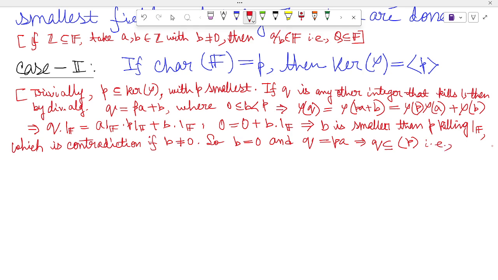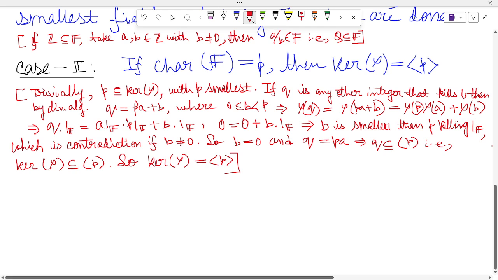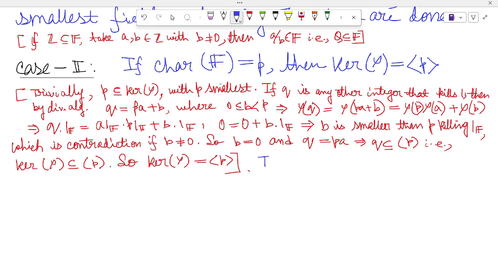That means the kernel of phi will be inside the ideal generated by p. So the kernel of phi is exactly the ideal generated by p. Understand what I am saying? So I have done the proof here in this case. So the kernel is this.